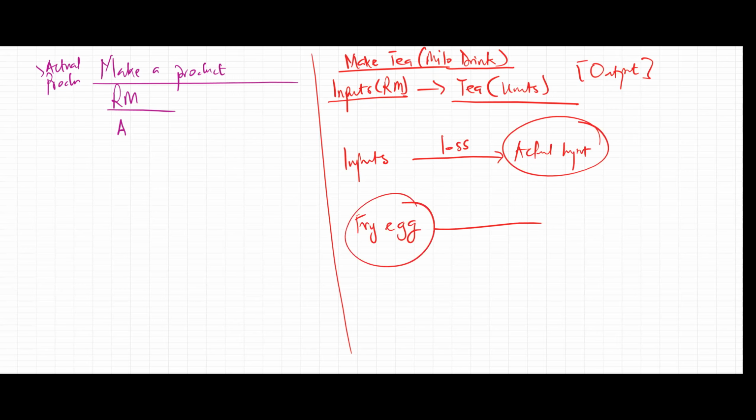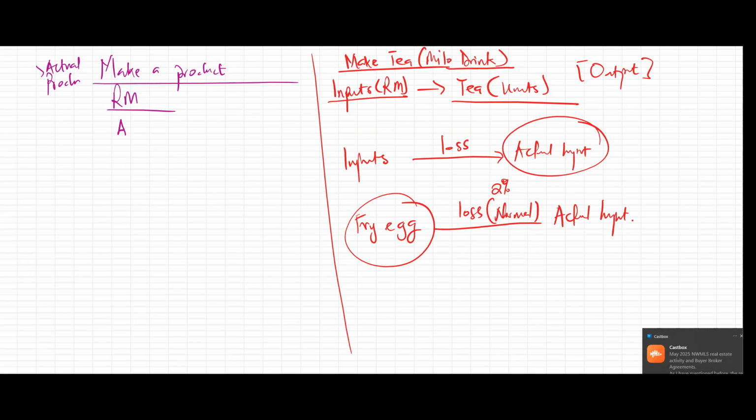So if I put this egg into the fry pan, there's a chance that I'm going to get some normal loss, let's say 2% of that egg. Then whatever I will have will be the actual input that I have, right? True or false? True. Does it make sense to everybody?